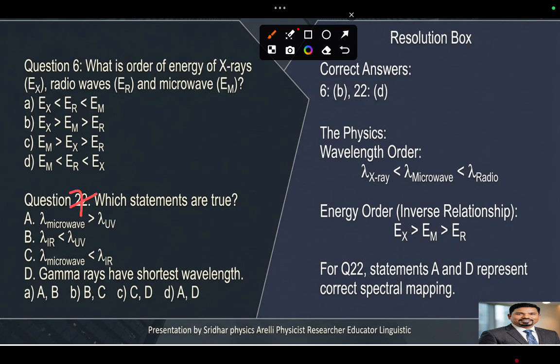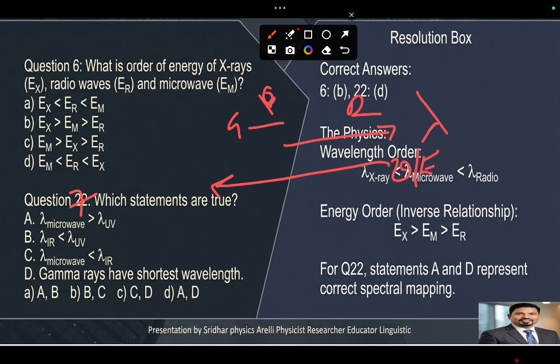As we discussed, from gamma to radio wavelength is increasing. Then from radio to gamma, frequency and energy are increasing. So here, energy order, first of all, gamma to radio waves.